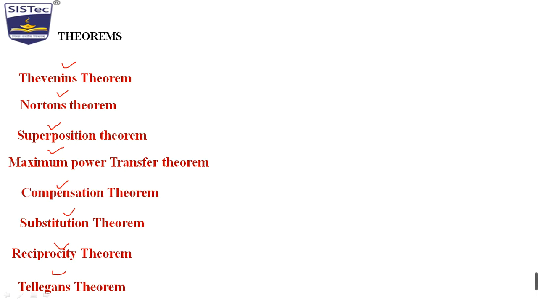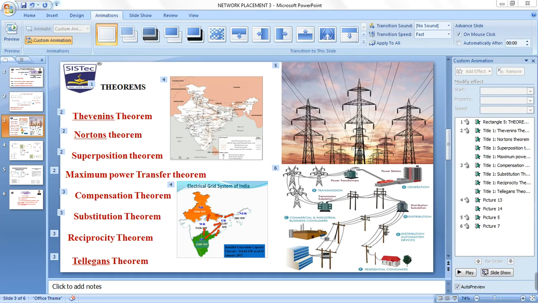Now, what is the issue? Why are we using the theorems? This is the main point of discussion. What is the importance of Thevenin's theorem? Why are you studying it? You all know how to solve the circuit, but where does that circuit come from? Why are these theorems important, and why is the maximum power transfer theorem very important? This is a very important theorem in the course.